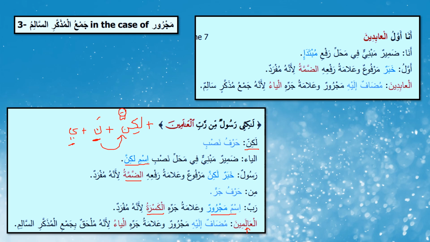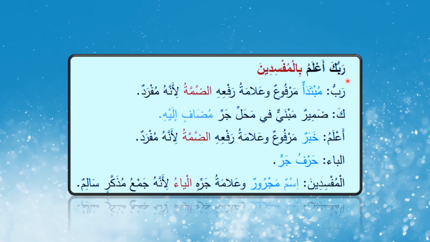Mudaf ilayhi and it's in jar position with the ya because it's mulhaq. Remember the alam, alamun, alamin. It's from the mulhaq bi Jama muzakkar salim. So you have to give your answer and proofs together. This is a simple i'rab and very easy.